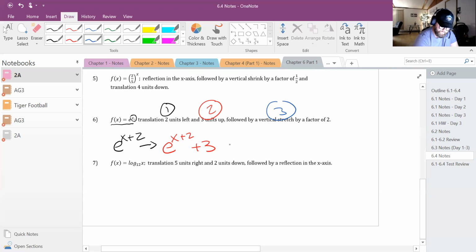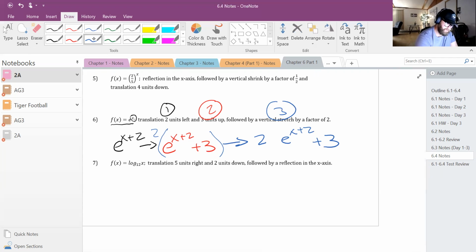Next, we have a vertical stretch by factor 2, but here's the kicker. Okay, we want to put this whole function in parentheses. So go ahead, just leave it in parentheses. Don't get crazy. Don't try to distribute. Just leave it in parentheses. I'll know what you mean. Okay, is it illegal to distribute?